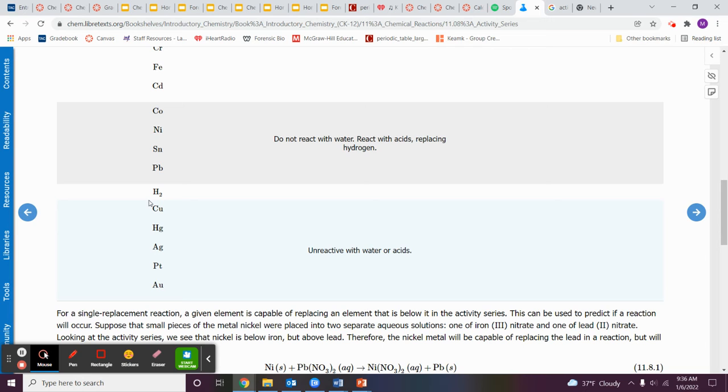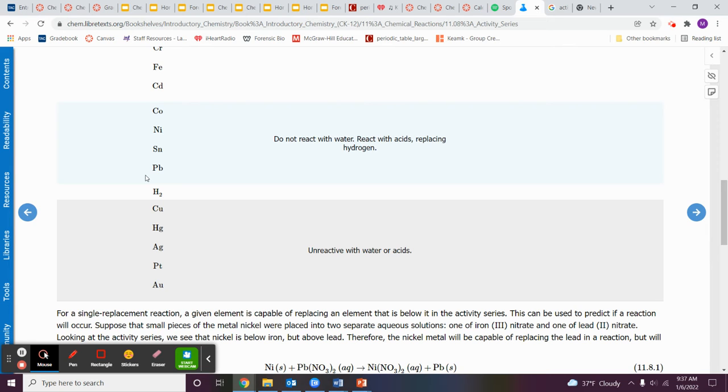Only the ones above can replace ones below, not the other way around. So when I talk about looking at your activity series, I'm asking you to look at the list. You're going to be looking at your single element only: is that single element higher? If it is, it'll replace it. If it's not, it doesn't have enough strength to replace it. It's less reactive. Okay, so pretty much everything from lithium on down to lead can replace hydrogen in an acid.